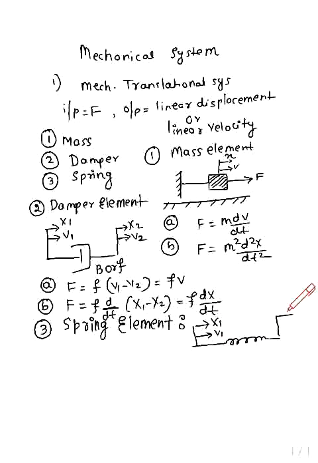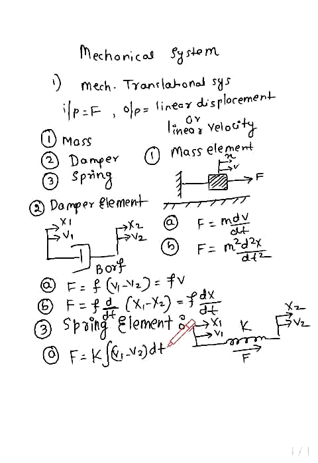Similarly we can find the force equation in terms of displacement. Again small f d/dt of (x1 minus x2), or we can write directly f dx/dt. So this is the force equation of the damper element. Now we will see the spring element.